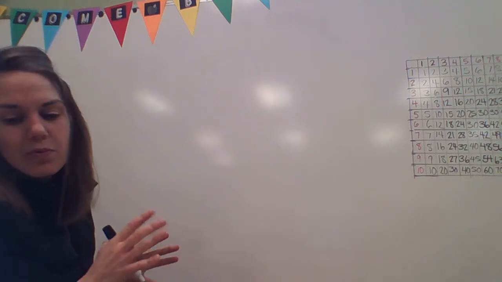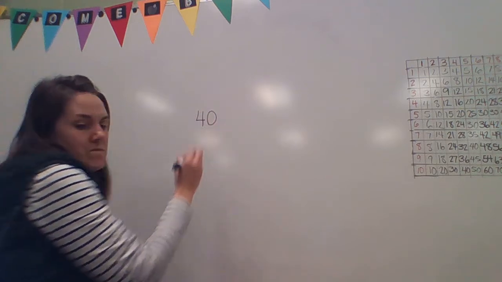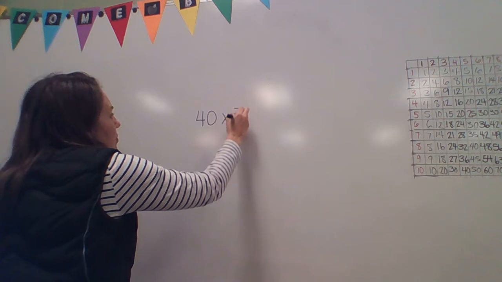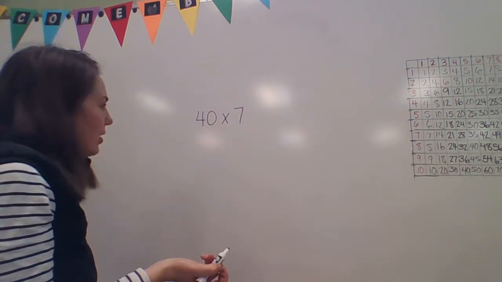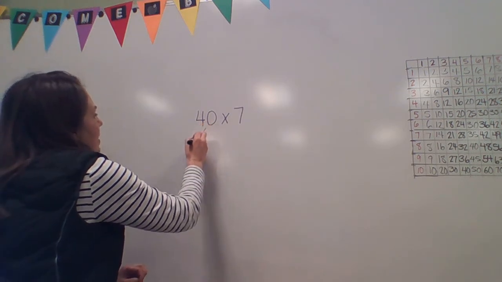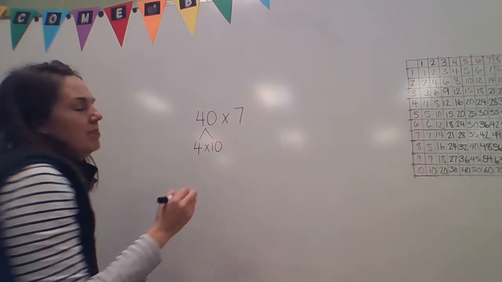All right, so we have 40 nickels and we have 7 rolls. So we're multiplying 40 times 7, okay? So I'm going to go ahead and break apart 40. I'm going to do the same thing that I did.